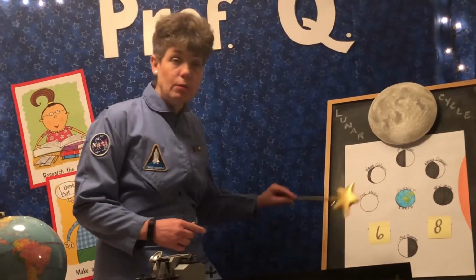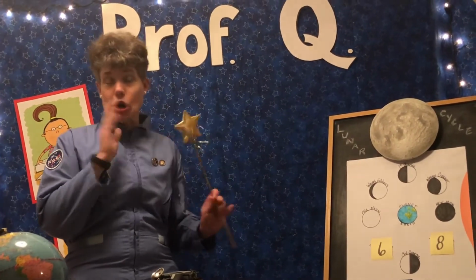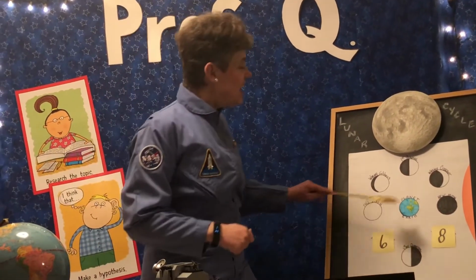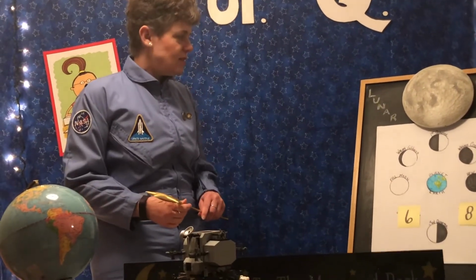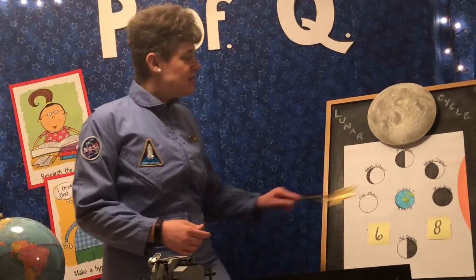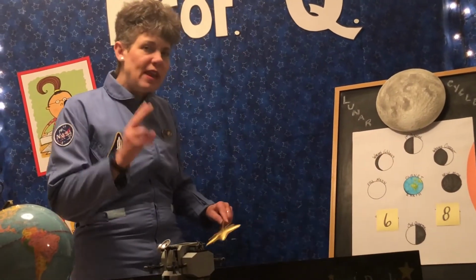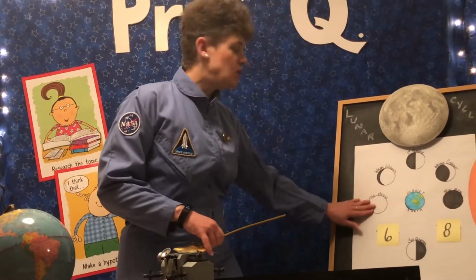So that way there's the full moon. Excuse me, a little stardust. So can you observe here, what are some commonalities? Please try to find two commonalities or observations from going from a new moon to a full moon.